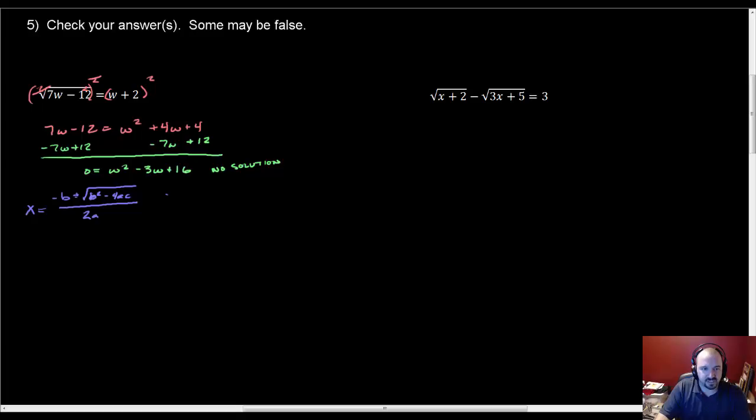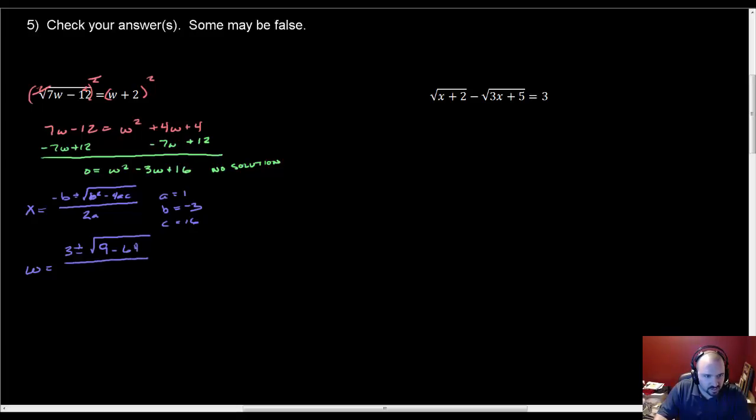And if we identify our pieces, a is equal to 1, b is equal to negative 3, and c is equal to 16, we can plug this in. So w is our variable. This is equal to 3 plus or minus the square root of, let's see, b squared, so that'd be 9, minus 4ac, minus 4 times 16, that's 64.